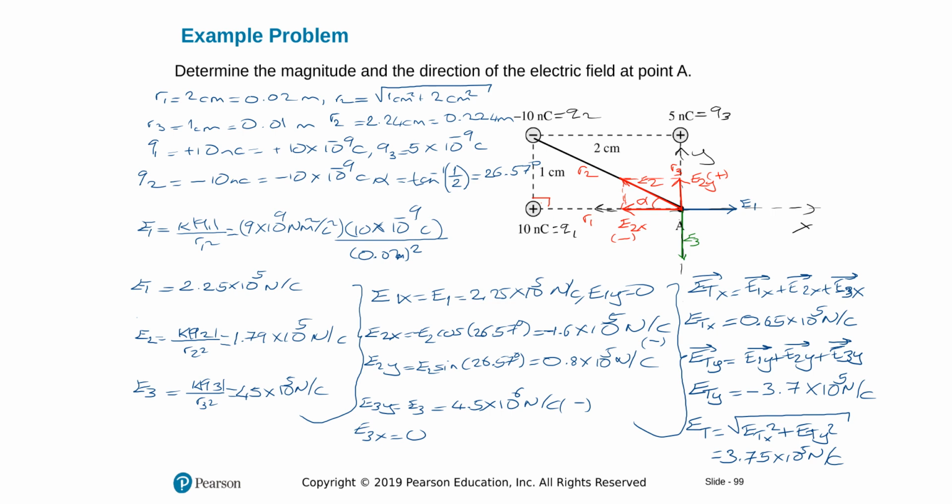You can guess that E total will be somewhere along there. Let's also show that with a yellow line. Because we found positive x and negative y, and the y component is significantly larger than x, it will be something like this.